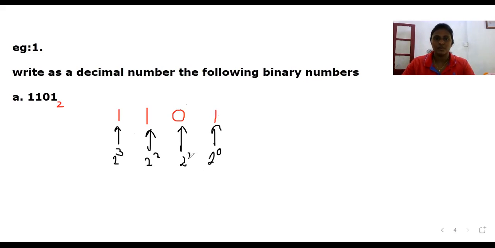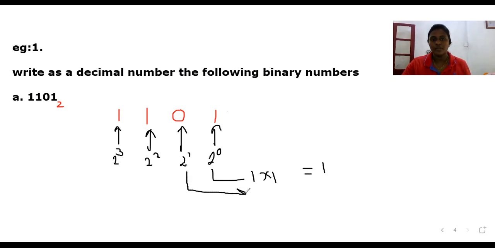Okay, 2 to the power 0, 2 to the power 1, 2 to the power 2, and 2 to the power 3. So, 2 to the power 0 means 1. 1 times 1 is 1.